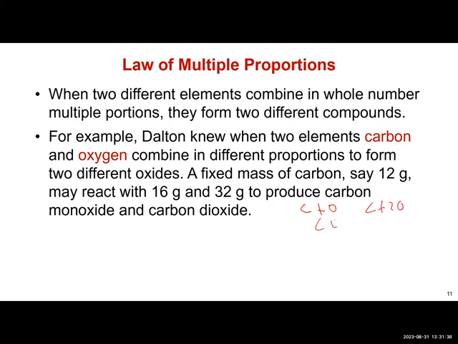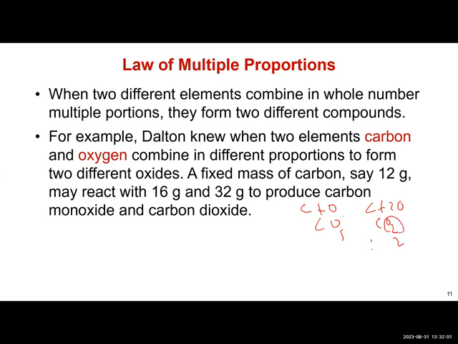You get carbon monoxide and carbon dioxide, two different compounds. When the ratio of the elements is different, you get different compounds. The ratio of oxygen is 1 to 2 here.